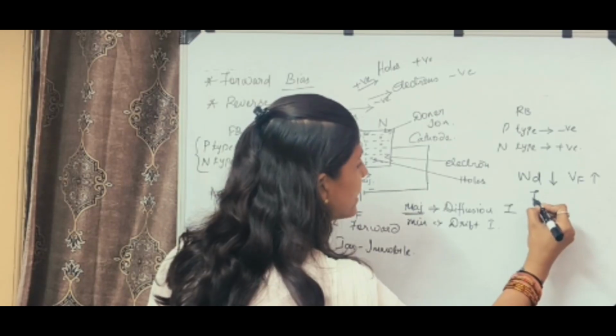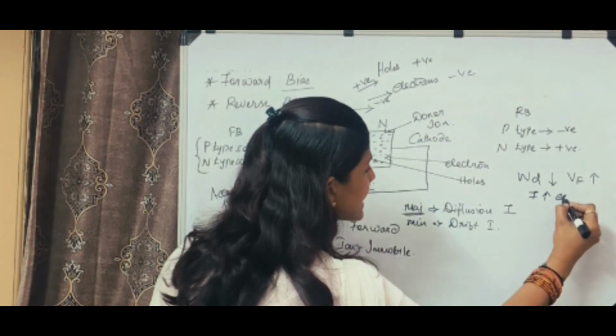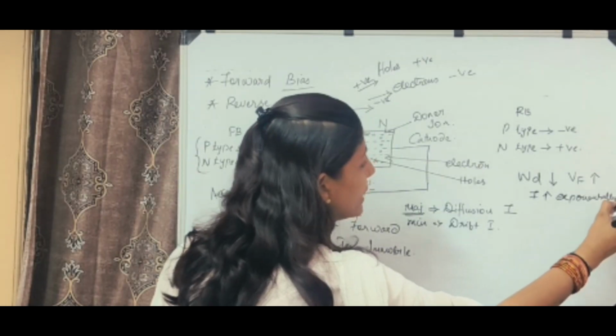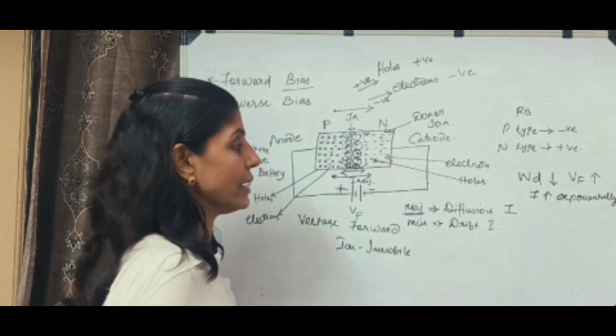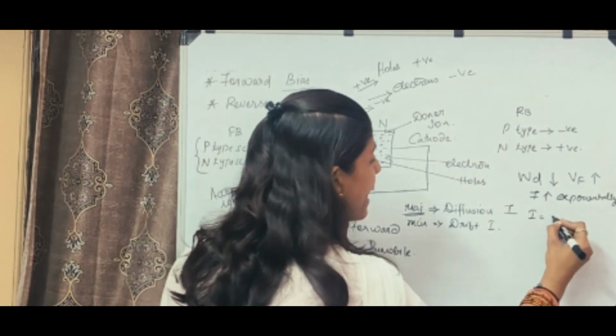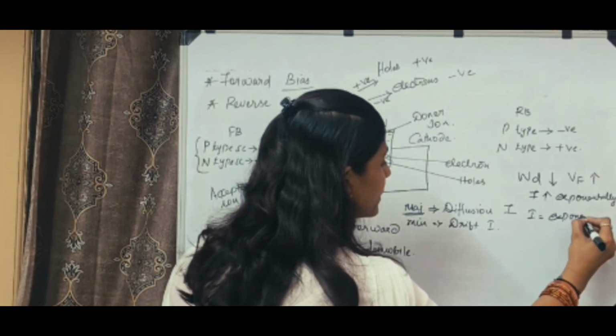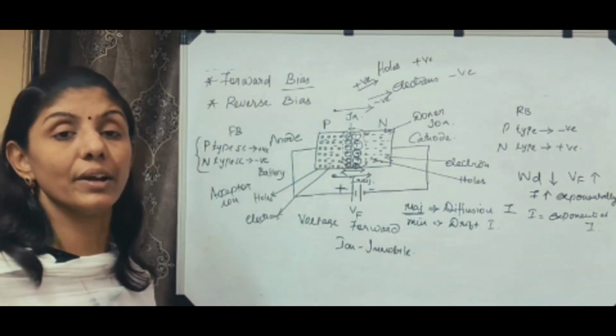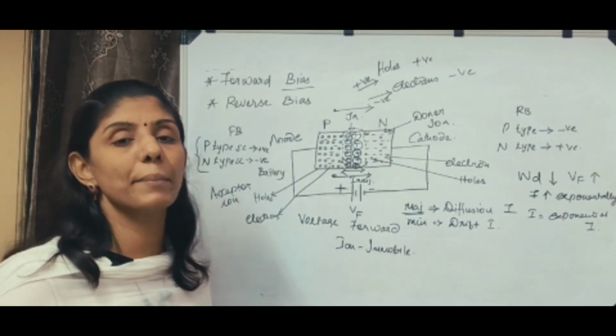At that time the current will be increasing exponentially. So I is the exponential current. Why is that exponential current happening?